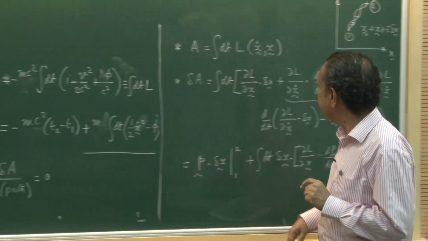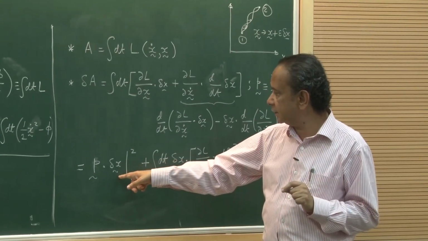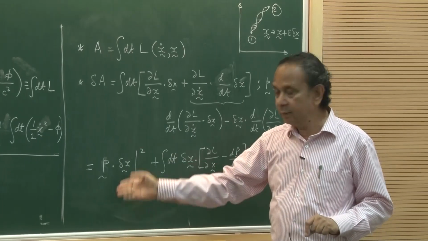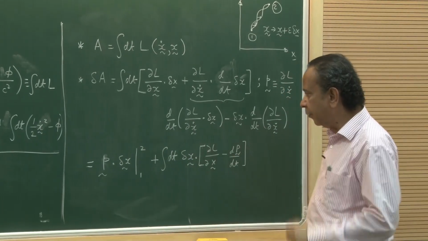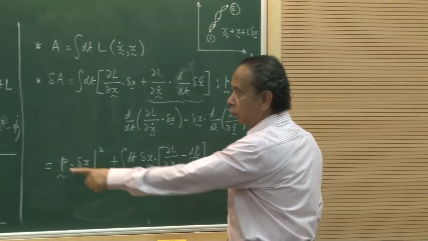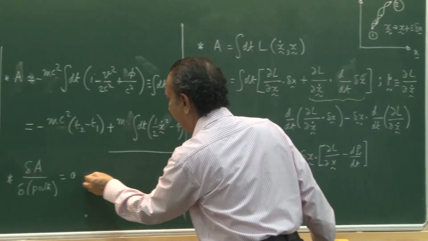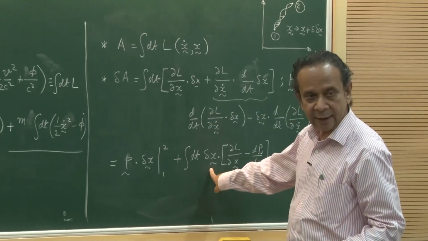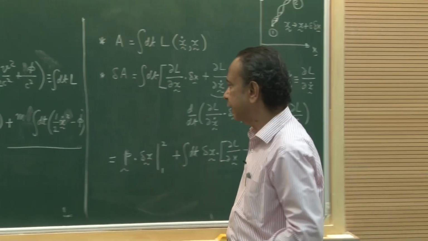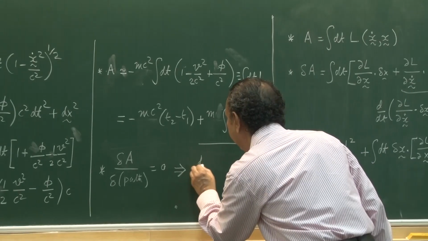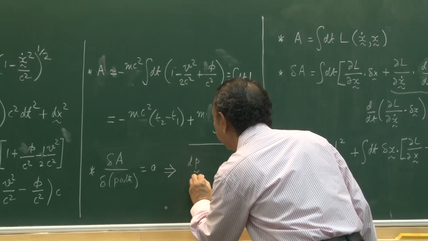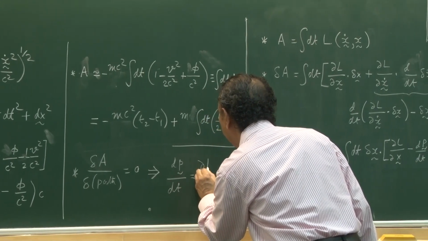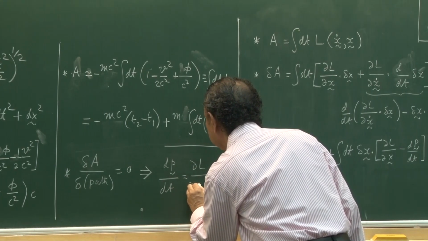So, if I take the endpoints to be fixed, delta x is 0 at the endpoints, because all the paths have the same x. So, this term goes out. Then when endpoints are fixed, the rule implies that this should vanish, and in between delta x is arbitrary. So, this term has to vanish. So, you get dp by dt should be equal to dl by dx.